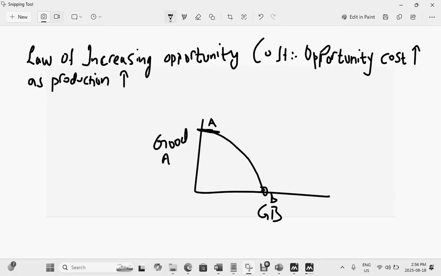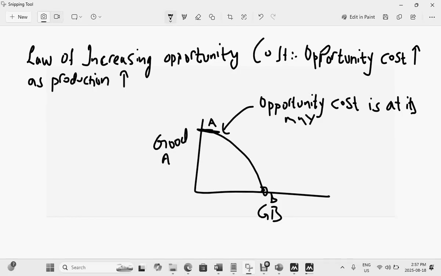And this basically means that the opportunity cost of producing good A is at its max over here.